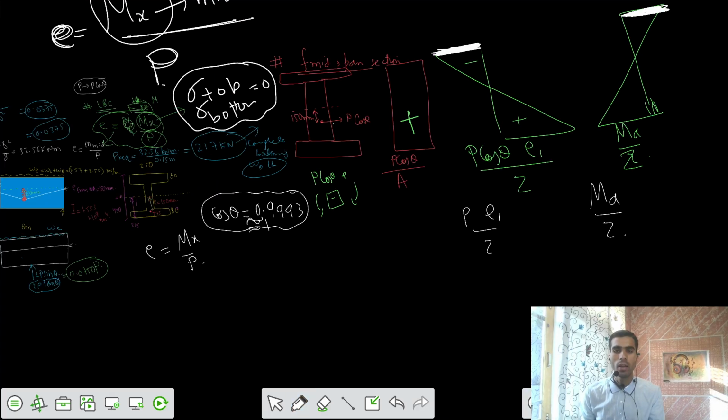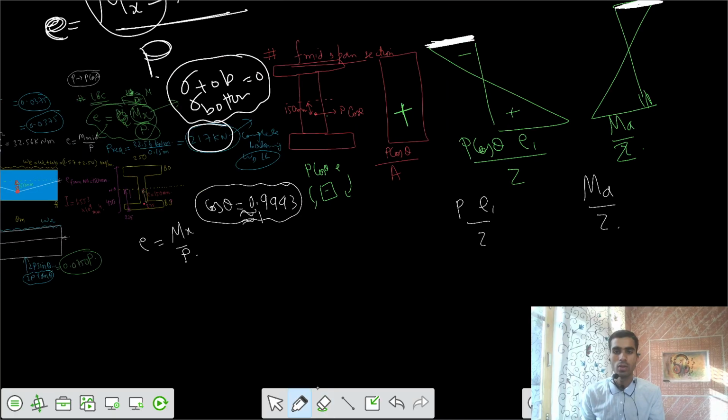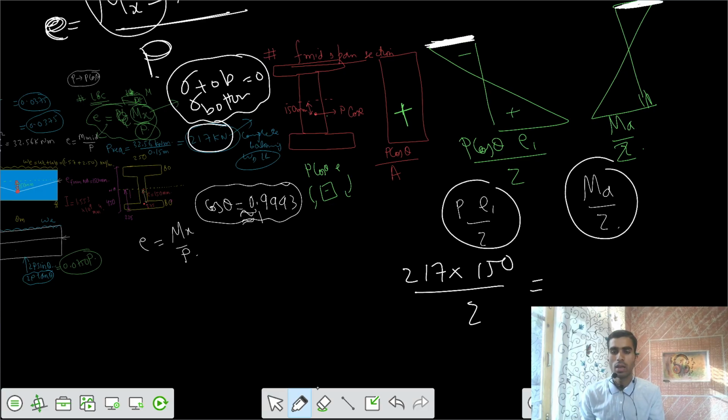But what's the value of e? What's the value of P we got? Can you tell me the value of P we got? 217. So 217 and eccentricity is 150. Z is the same.